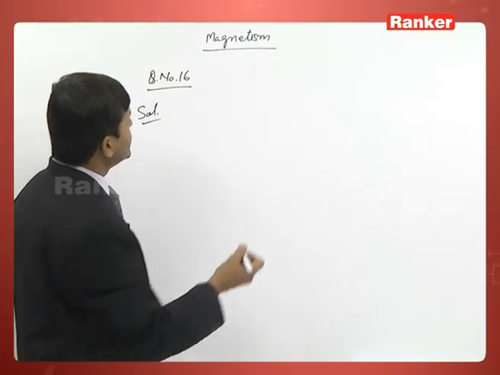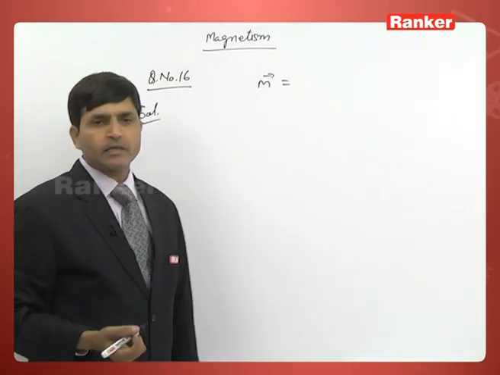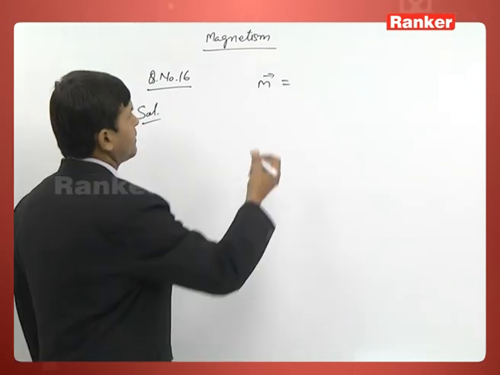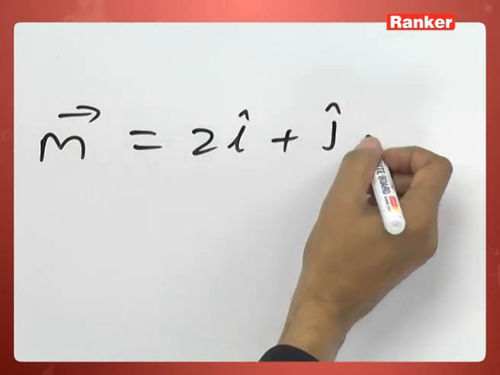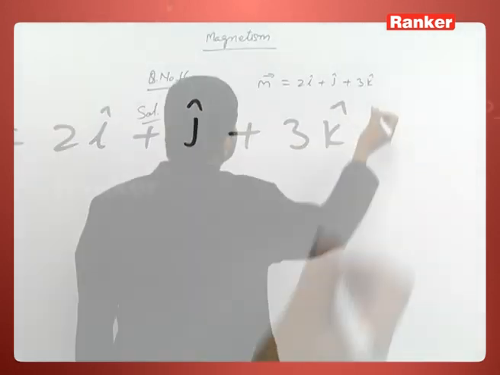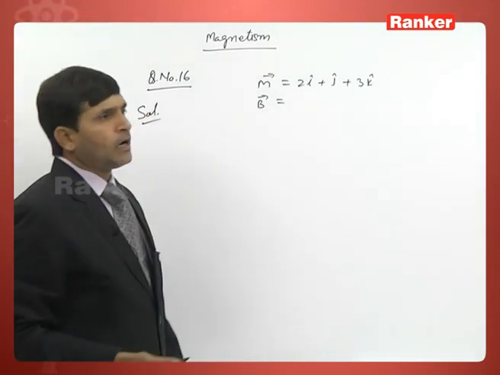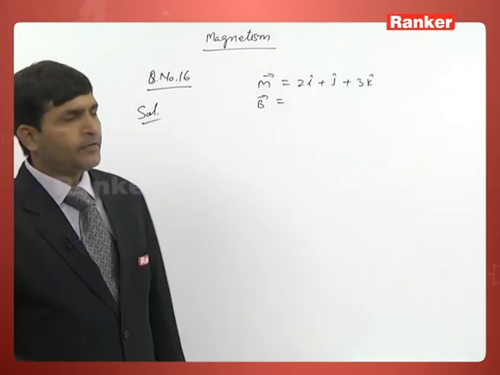So the magnetic moment of the magnet is given as M equal to 2i plus j plus 3k cap, and the magnetic field in which this bar magnet is kept is given as 5j cap.